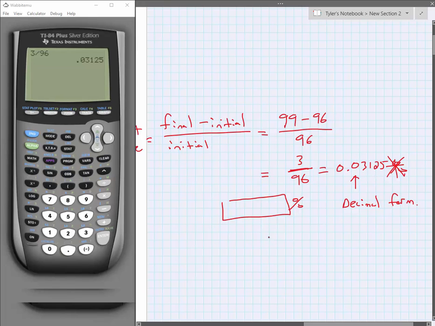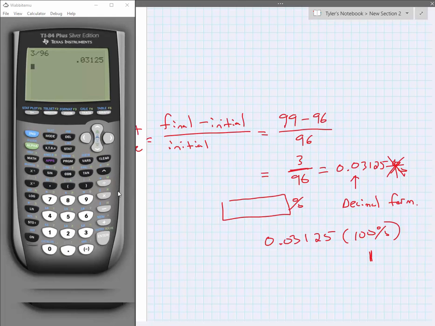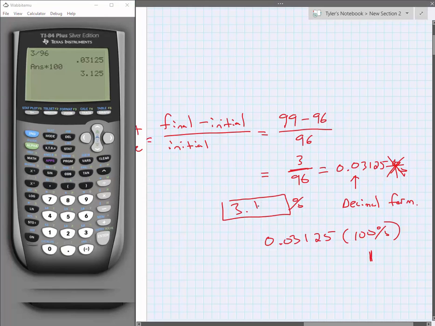An easy way to do this is to multiply by 100%. If we have a number without a percent sign and we want one, we can multiply by 100%. Remember, 100% is the same thing as 1, so I'm not changing the value of the number. Multiplying by 100 in my calculator, we get 3.125%, or about 3%.